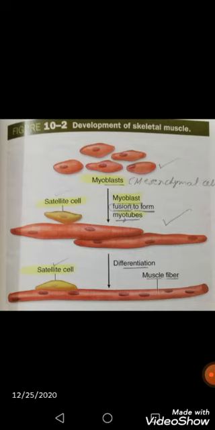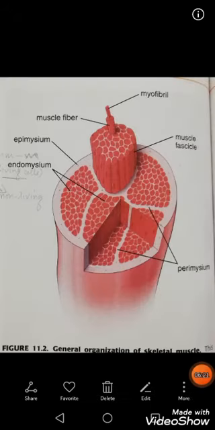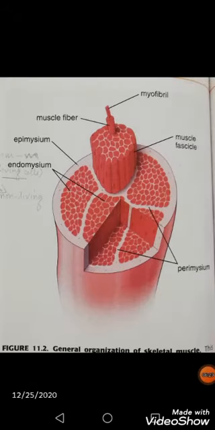So the central location is allocated to the main myofilaments, and the nucleus takes the peripheral position to perform its functions. Now this is another very good view, showing the polygonal or hexagonal appearance of the muscle fibers or muscle fascicle. You can see inside that skeletal muscle.